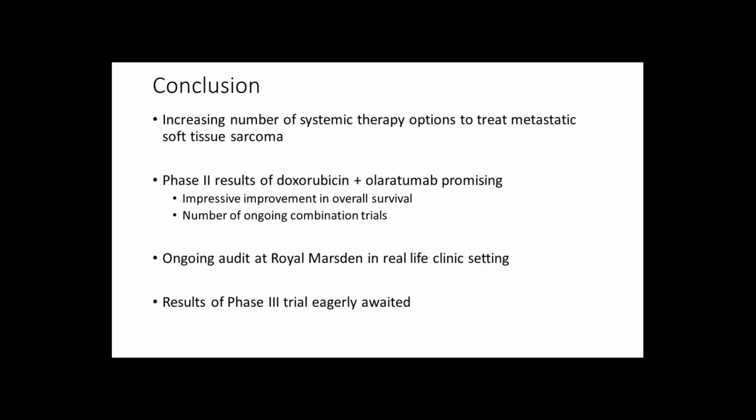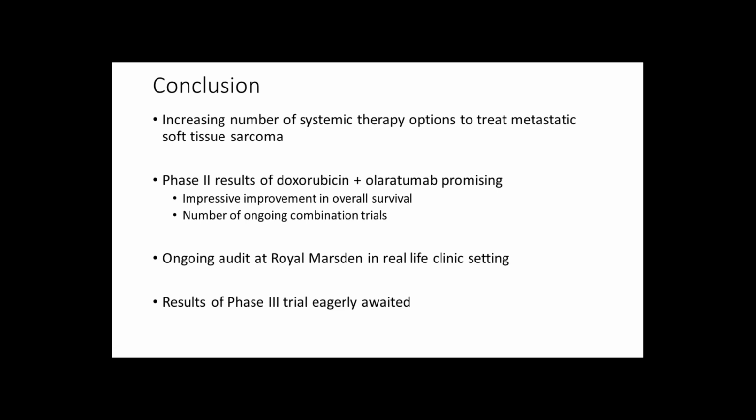So I think in conclusion, there are an increasing number of systemic therapy options available to treat metastatic soft tissue sarcomas. The results of the phase 2 trial of doxorubicin and olaratumab are very promising, particularly the impressive improvement in overall survival. There are a number of very important ongoing combination trials of olaratumab with other schedules that are used in sarcomas.